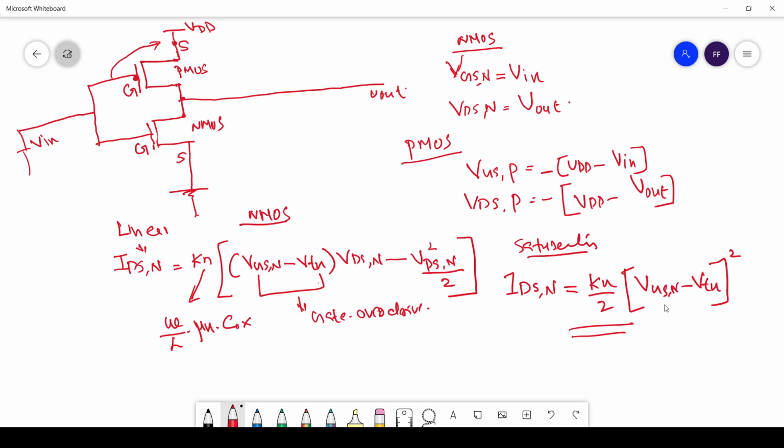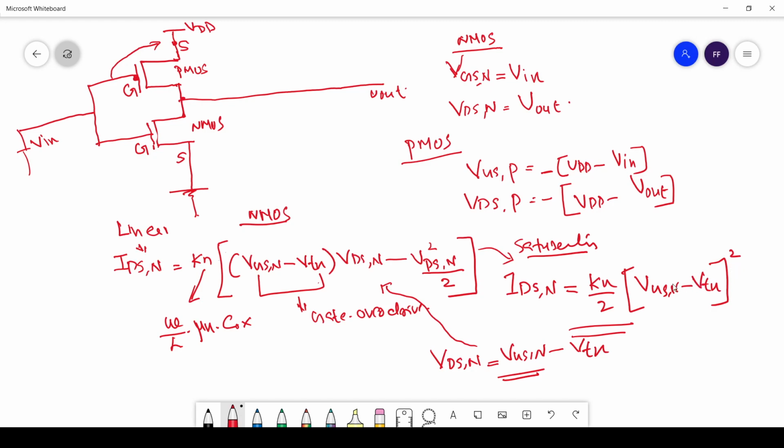We get this equation because for saturation, another condition to satisfy is that VDS of N at the point of saturation is VGS of N minus VT of N. When we substitute this into the linear equation, we can simplify it like this. For saturation, IDS of N is equal to Kn by 2 into VGS of N minus VTN the whole square.